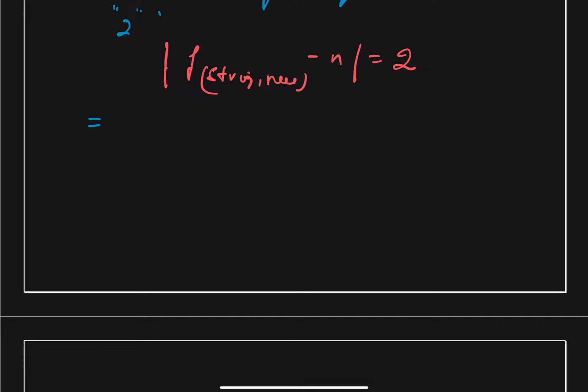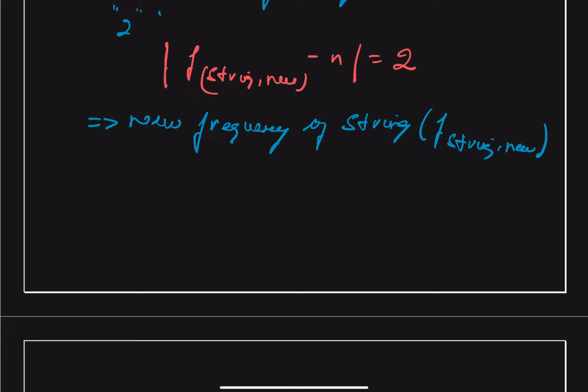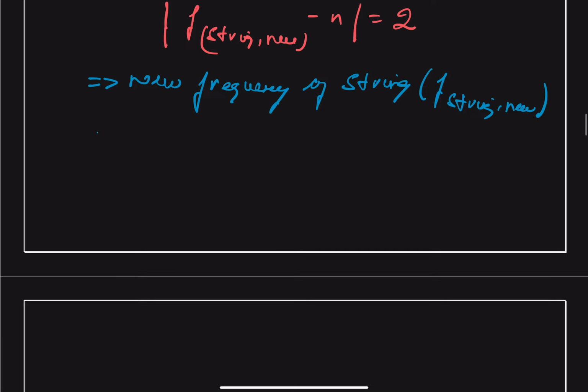So from here we can draw one important conclusion, that the new frequency of the string, which we wrote as F string new, moves closer to n after tension increases.